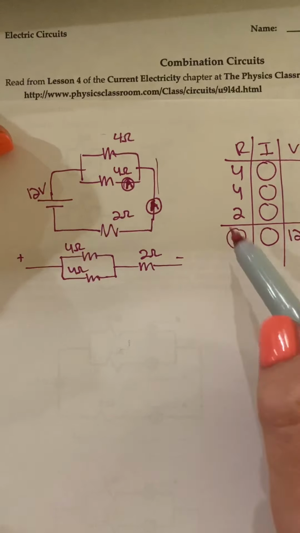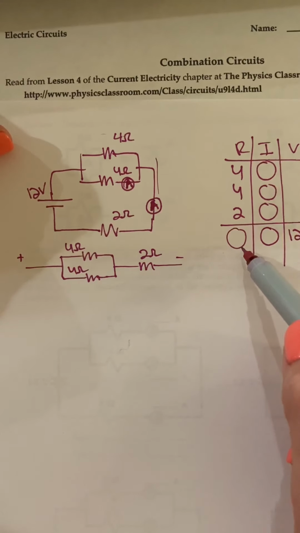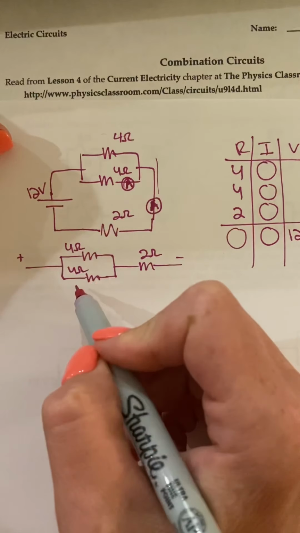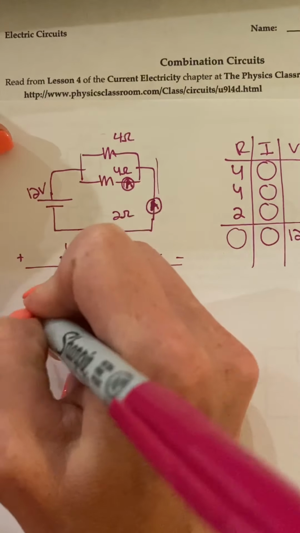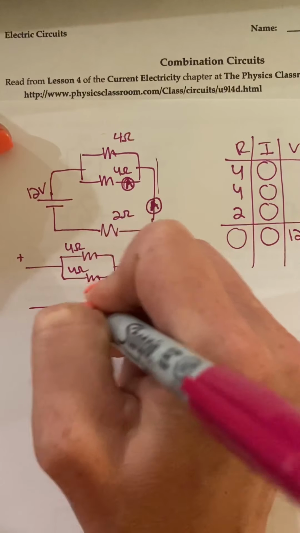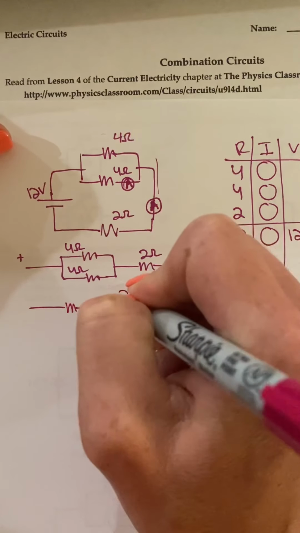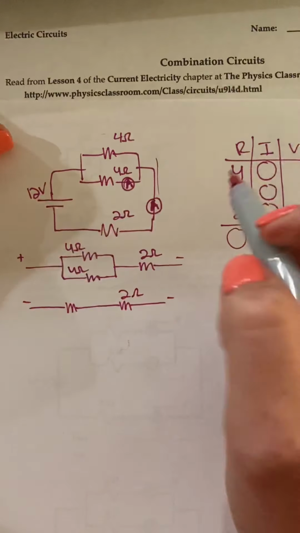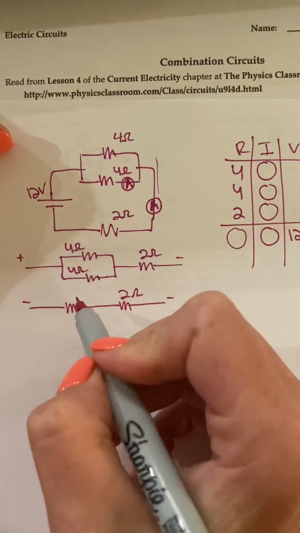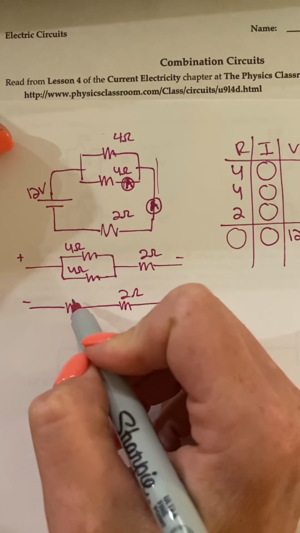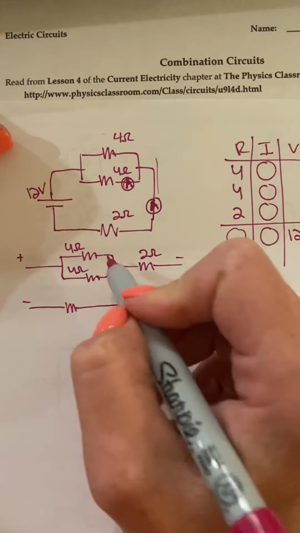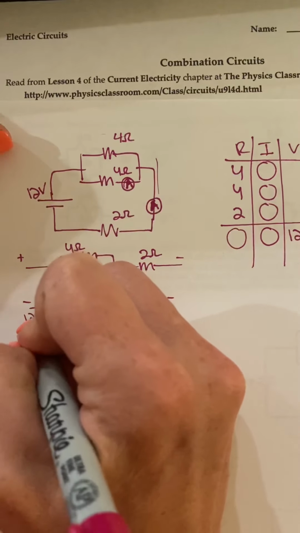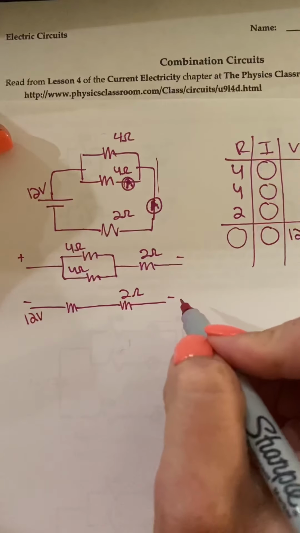So first things first, we're going to find the total resistance of this circuit by simplifying our circuit. So I'm going to find the resistance just of this section here, and I'm going to simplify our circuit. If I pull this section in parallel out and put a different resistor in there with the same equivalent resistance, it will behave the same way that this section in parallel behaves, and it will make our math a little bit easier because we'll be in series.